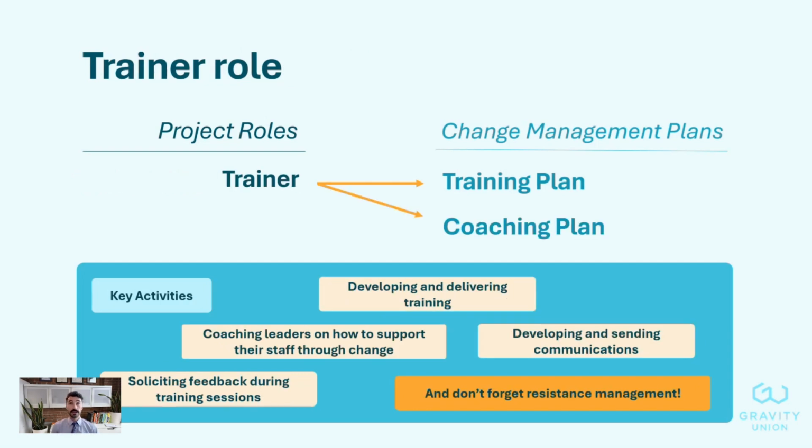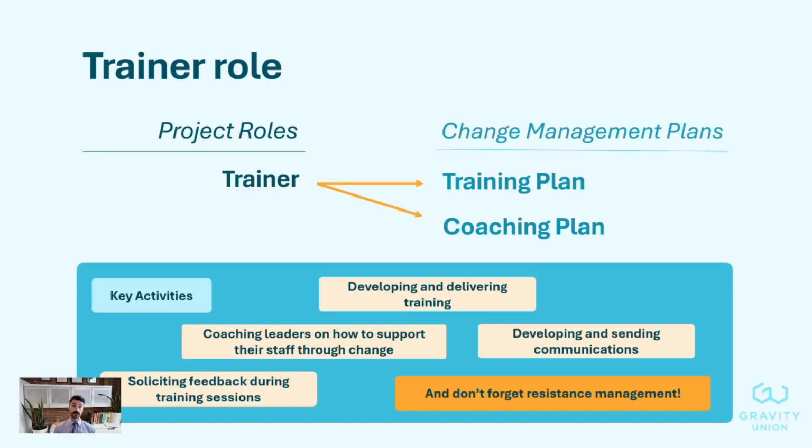And lastly, our trainer. Of course, the trainer is going to be a huge part of the training plan. I'm also going to leverage their skills here for the coaching plan because they've got those skills and abilities to give people knowledge and help support them through things. So I'm going to get them to do the same thing in terms of setting up other leaders for success in coaching their reports and their stakeholders.